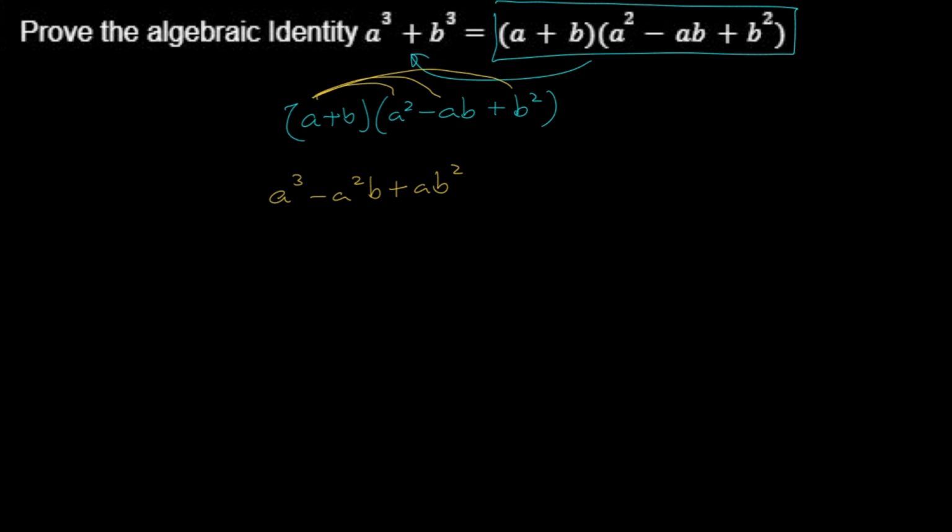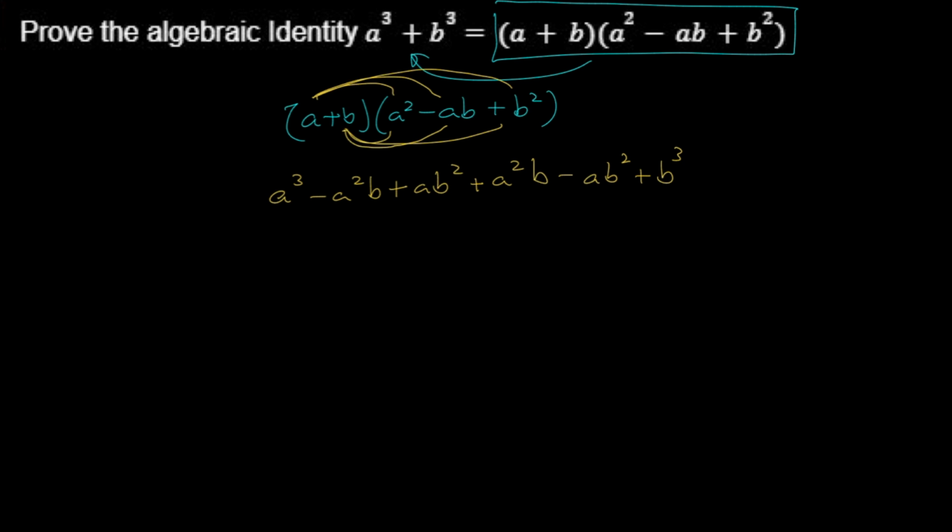I usually do alphabetical order so that it's consistent. And then b times a² is positive a²b. Then we have b times negative ab is negative ab². Then b times b² is b to the third.